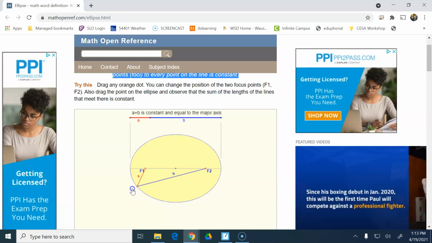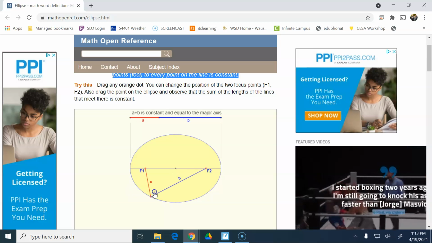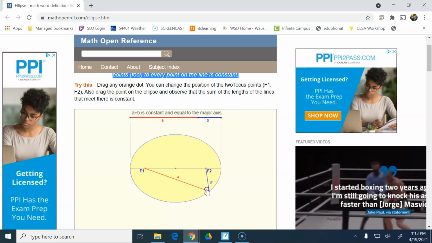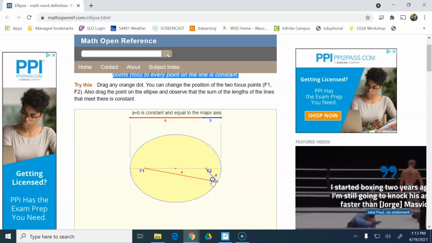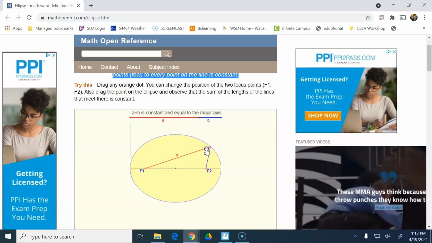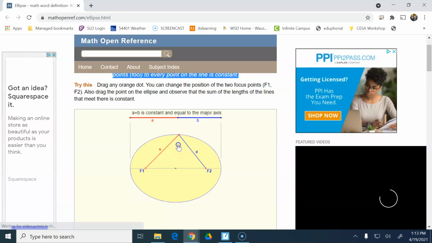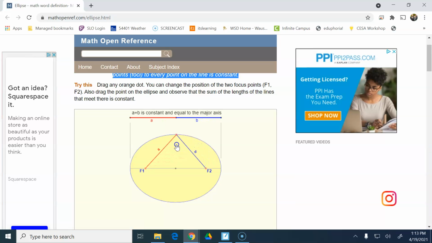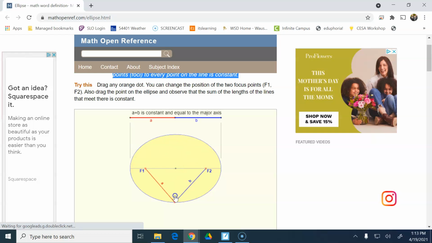Sometimes B is bigger, the distance to the second foci. Sometimes A is bigger, but when you add those two numbers together, you get a constant term. Sometimes they're equal.